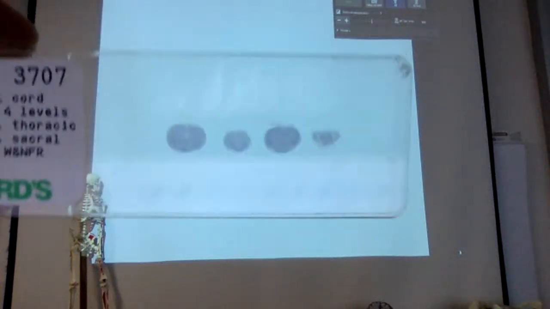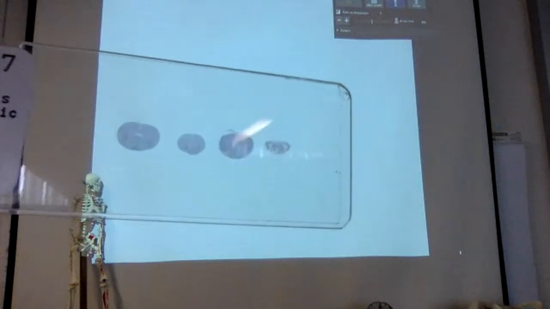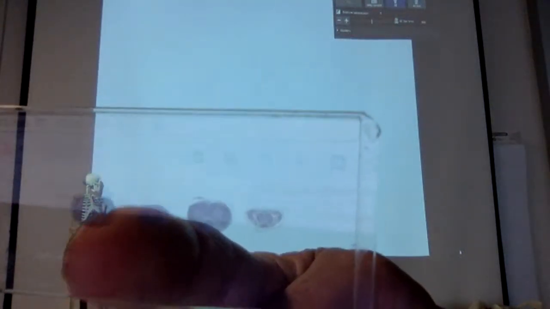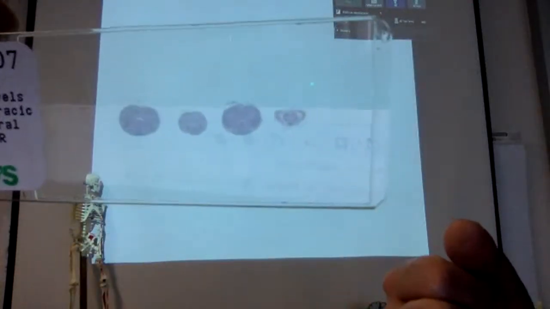They're from 4 different sections. They're from a cervical section, thoracic, lumbar, and sacral. Cervical is over here. Thoracic is the small one in the middle.